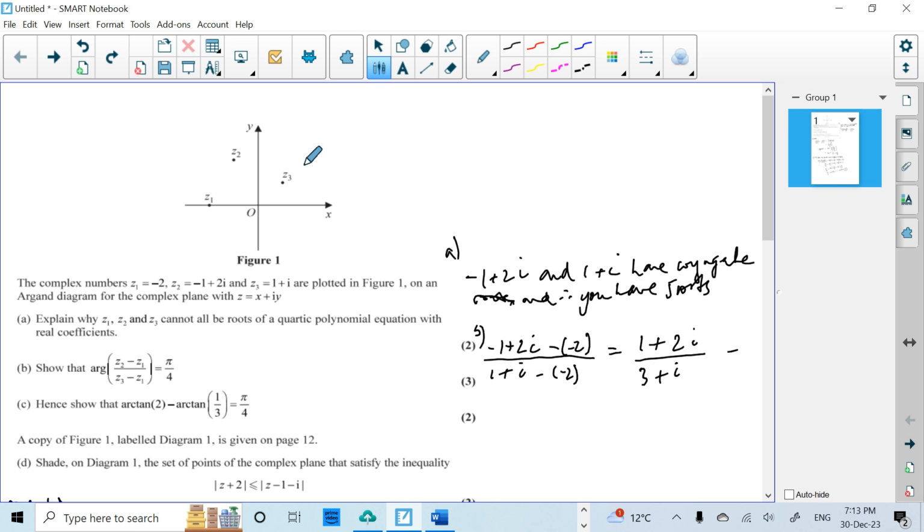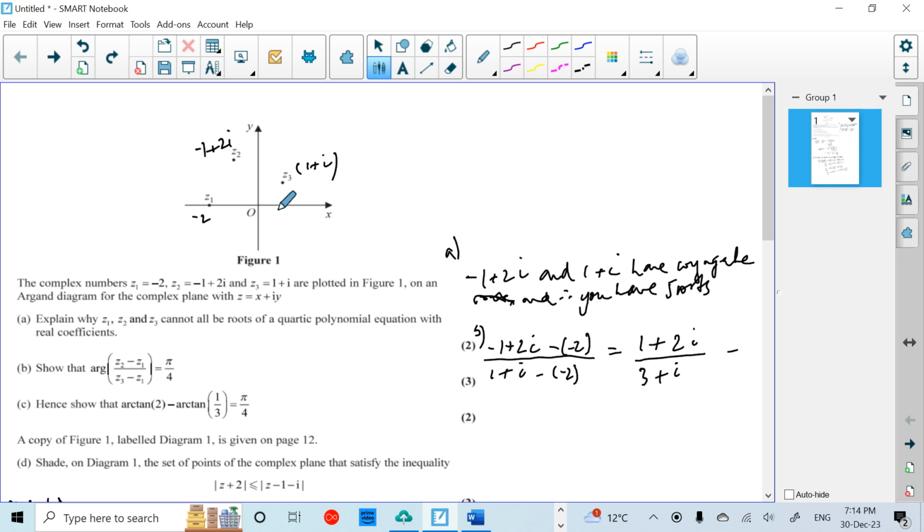Z3 is our point 1 plus i, and Z1 is the point minus 2. Now, Z2 is going to be minus 1 plus 2i. So these are our points on our Argand diagram.